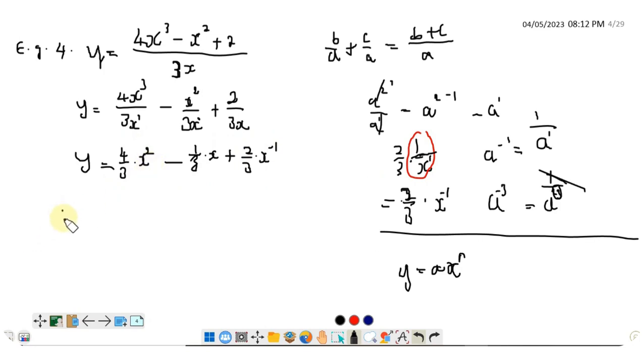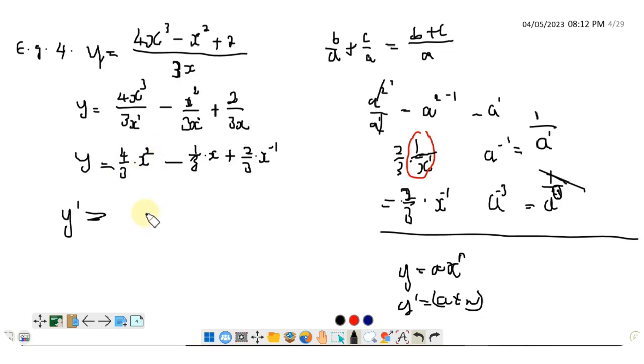Now I can say y the derivative is equal to, and then do that. So now the rule says what? A times n. Start by a times n. So it's going to be 4 over 3 times 2, right?